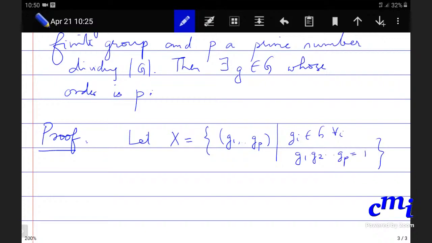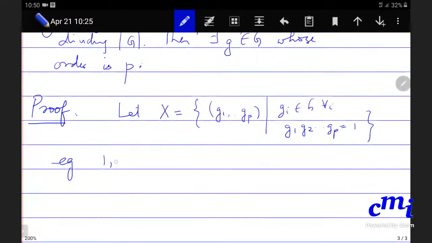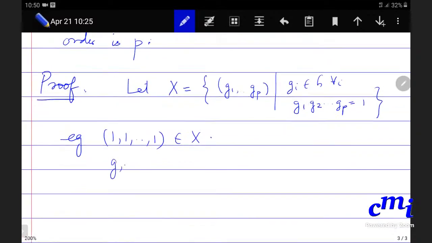For example, (1, 1, 1, 1, 1) is inside X. A p-tuple where g repeats is inside X if and only if g to the p is the identity.